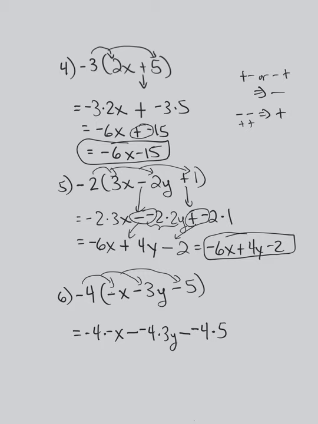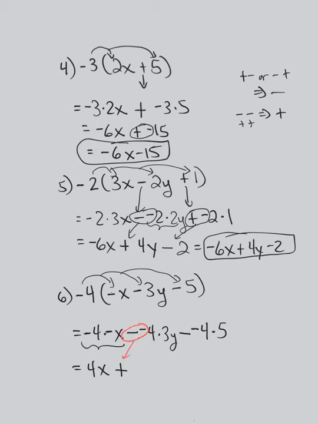Okay, so -4 times -x, I have these two negatives that are canceling each other. So that ends up being plus 4x. Okay, like that. And then here I have a minus, so that becomes plus. Now you've got to remember, what's creating that plus though? What's creating that plus is this right here, this minus.